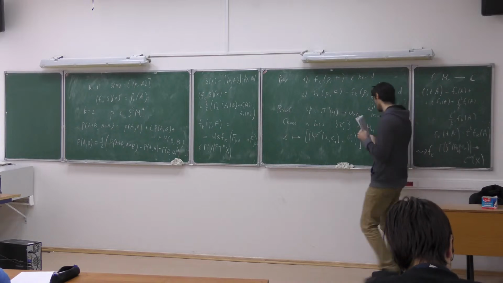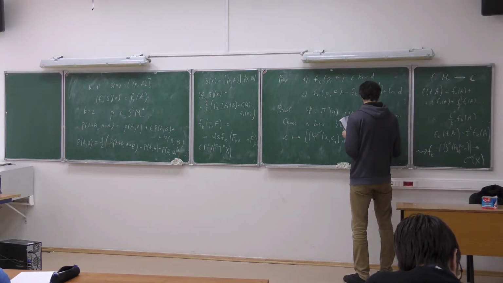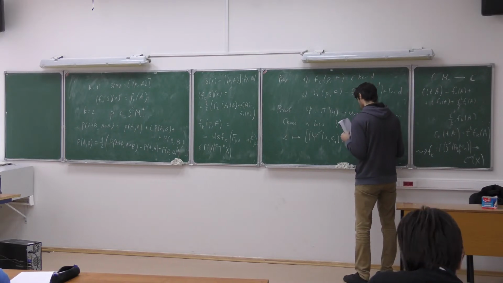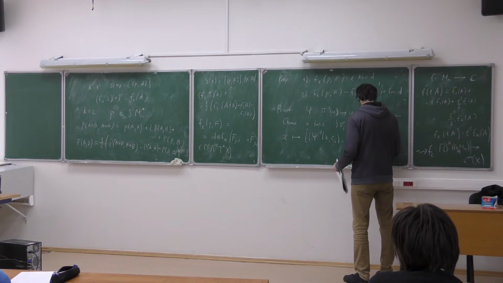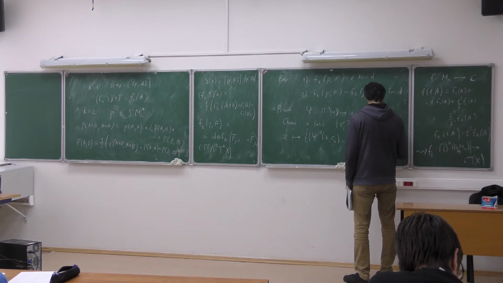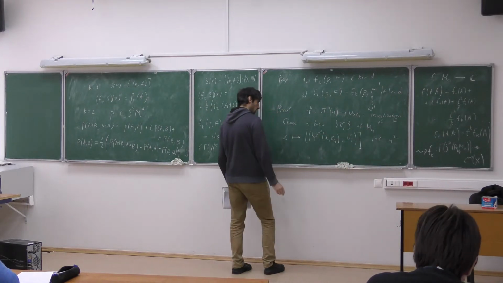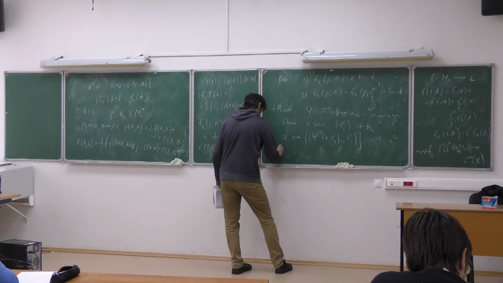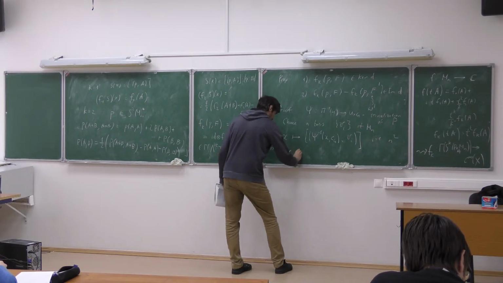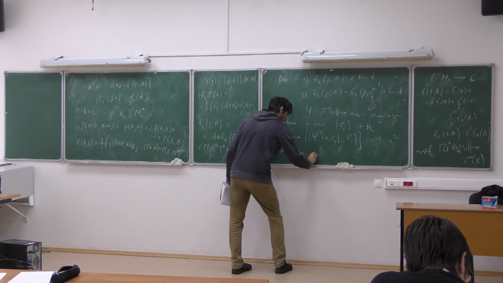So this is local. So for each i that goes from 1 to n squared, because the dimension of this is n squared, this is a local basis.